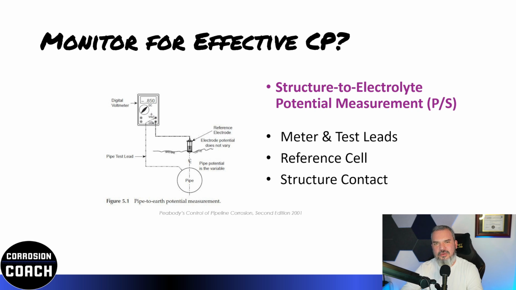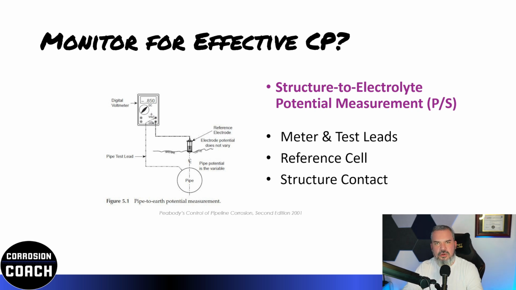Again, you'll hear us refer to that a couple different ways. Usually you hear pipe to soil. Sometimes you'll hear structure to electrolyte potential. If you hear that, don't let that throw you off. It really means the same thing. Just replace structure with pipe and replace electrolyte with soil. Those things mean the same thing.